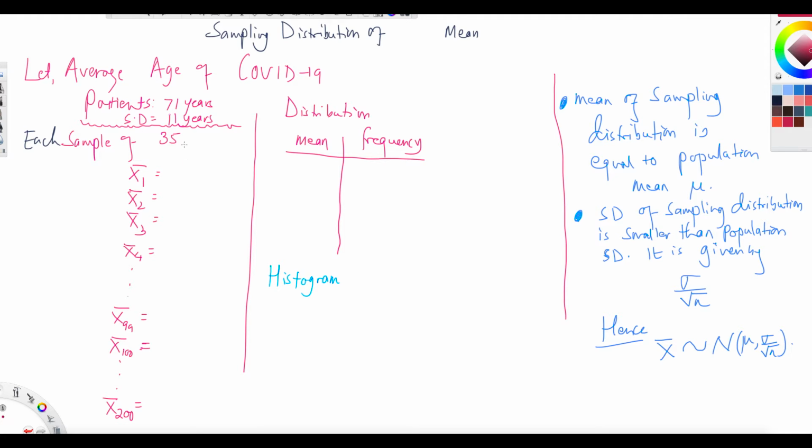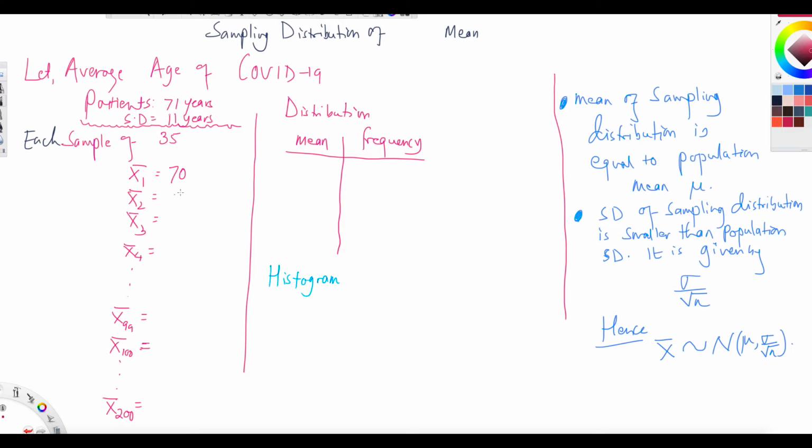I will take one sample of size 35, let's say from the eastern part of the United States, and then find the sample mean. Let's suppose I found one sample mean as 70, meaning the average age of those 35 patients is 70 years.